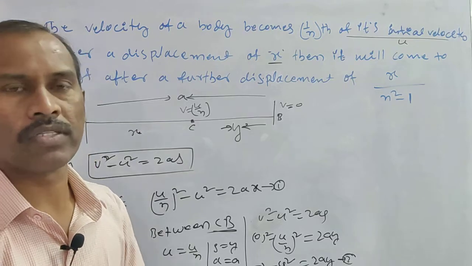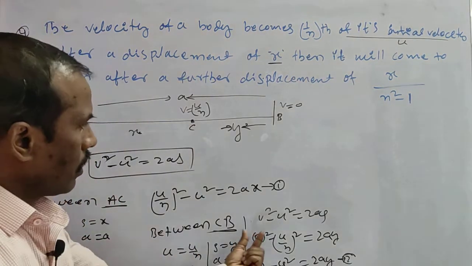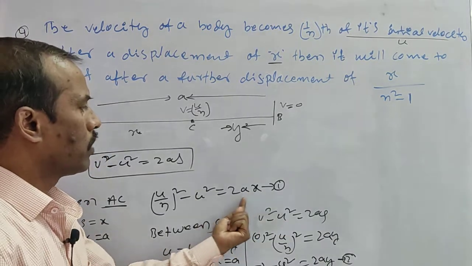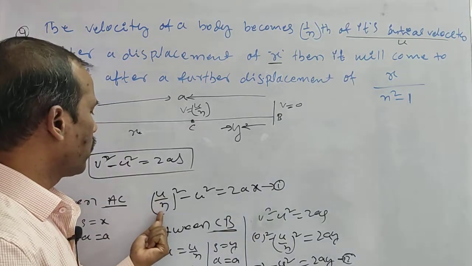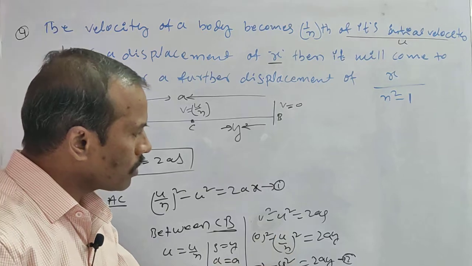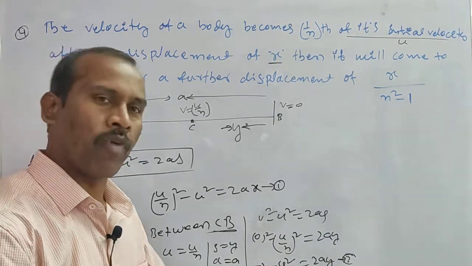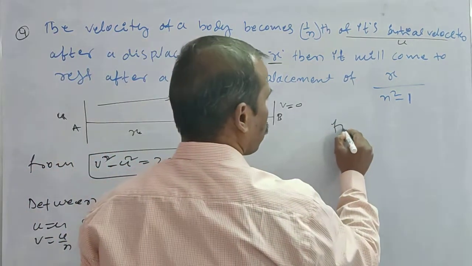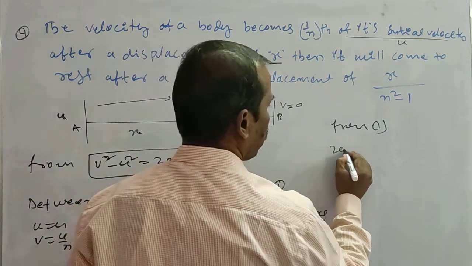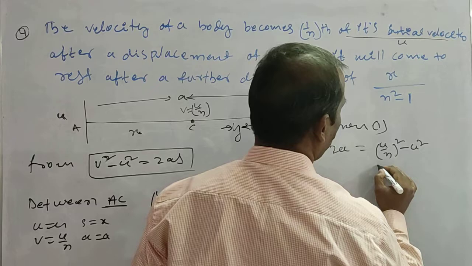Now equation 1 is equal to equation 2. From equation 1, 2a is equal to u squared by n squared minus u squared by x.